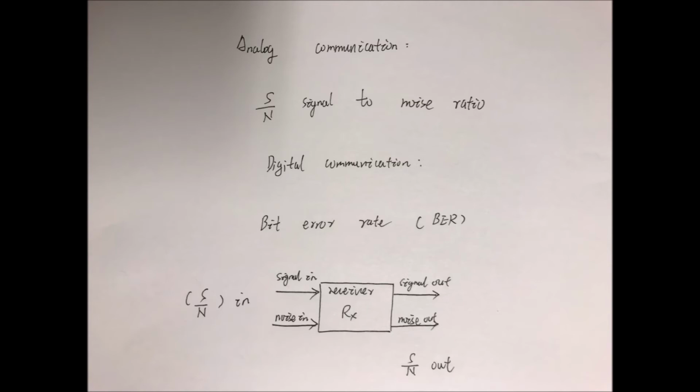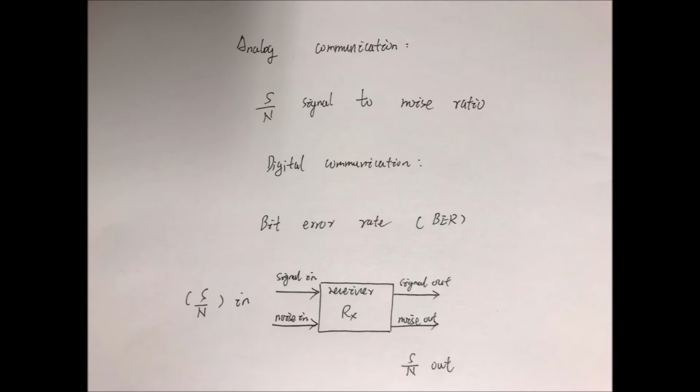For example, this one is at input, a fixed number. Using different receivers and different transmitting methods, my signal-to-noise ratio output can be higher, much higher, equal, or even worse.